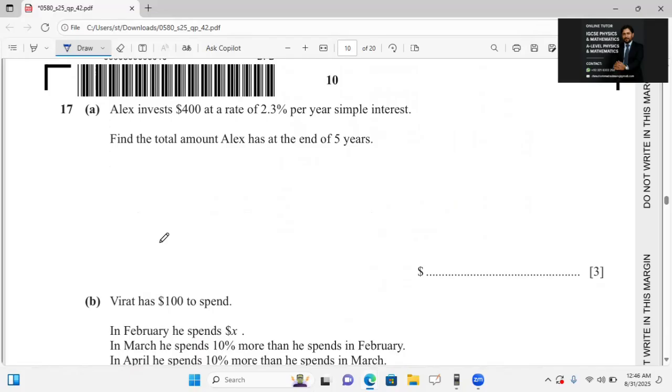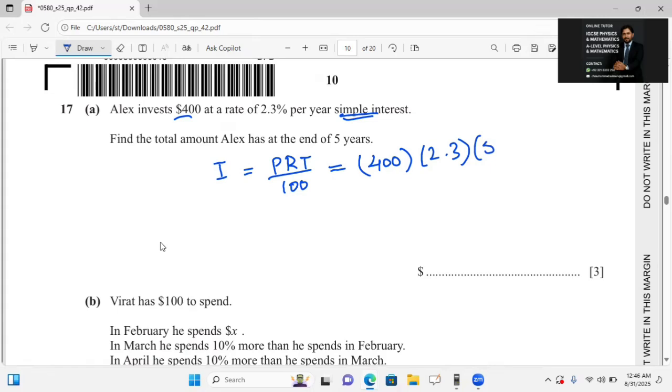Alex invests $400 at the rate of 2.3% per year, simple interest. Find the amount. Okay, for simple interest, we know the formula: I is equal to PRT over 100. So P is the principal, which is invested in the form of $400. Rate is 2.3 and time is 5 years, divided by 100.